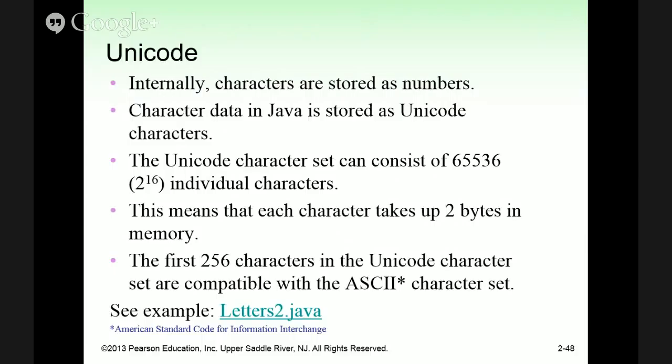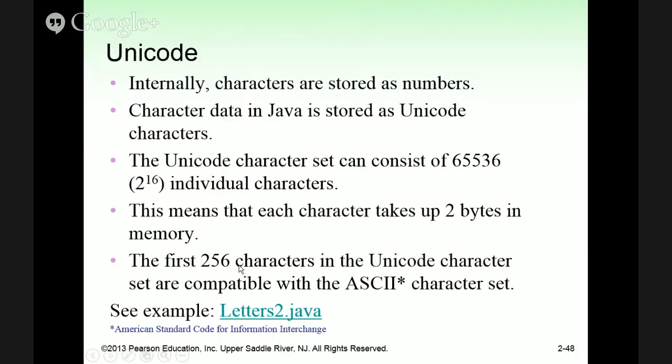That's a lot. That's way more than the number of characters on your keyboard, for example. Your keyboard has maybe 100, okay? The Unicode system has 65,000. So each character takes 2 bytes. So type char requires 2 bytes.